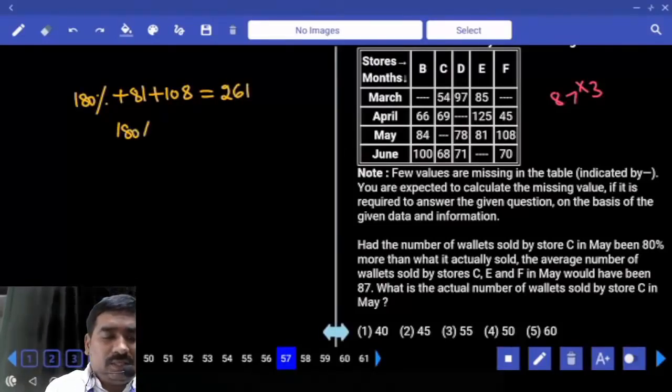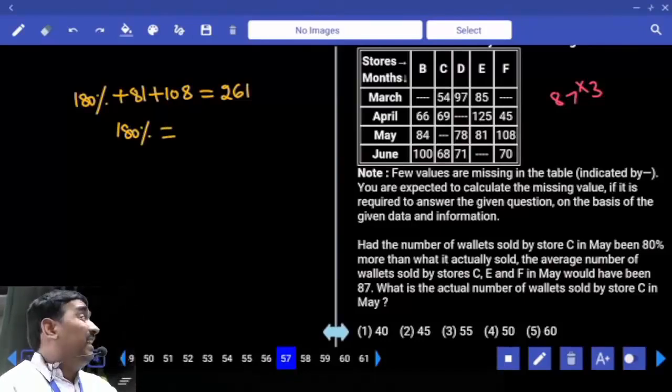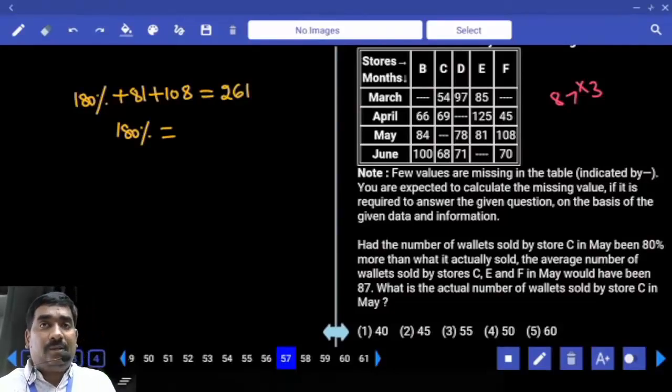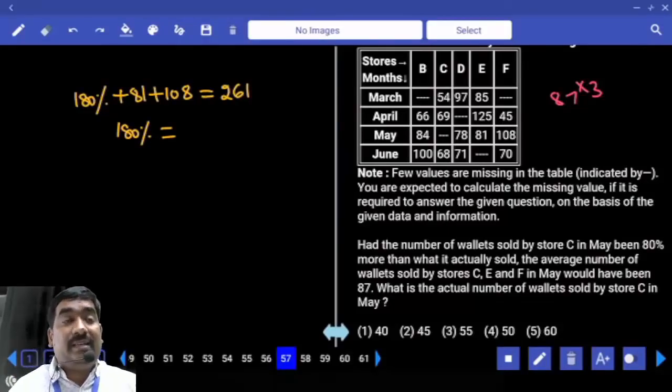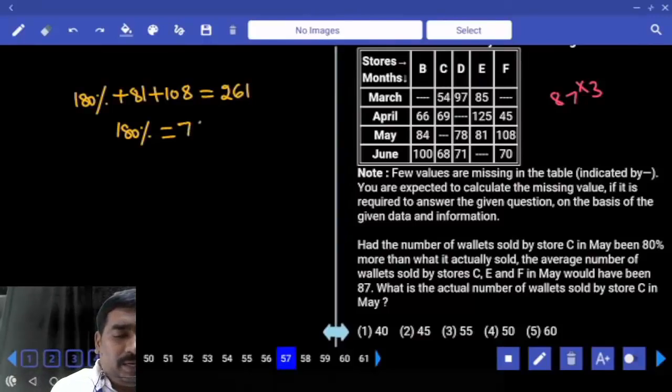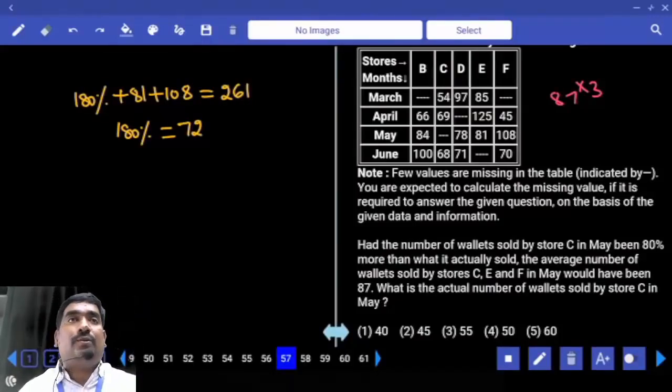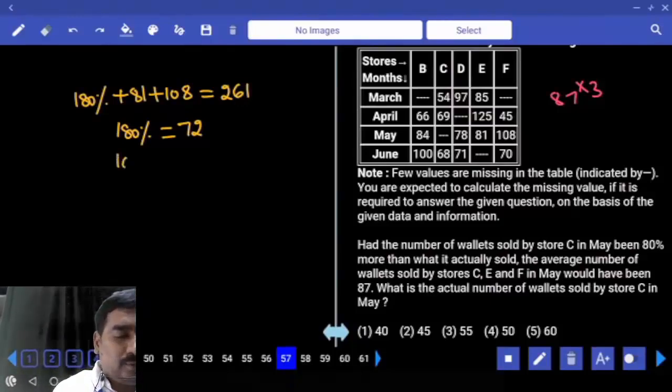From there, store C at 180% equals 261 minus (81 plus 108), which is 189. 261 minus 189 is 72. But we are asked to find the actual store C value, which is 100%, and that is 40.